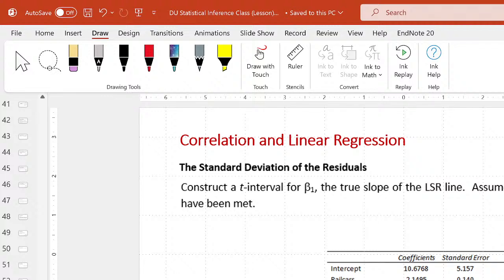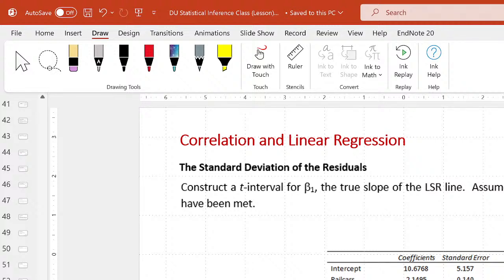It's the standard error of the residuals times the square root of 1 over 10 plus, now that's going to be 40 right there, 40 minus the mean, squared, over that number right there. That is a confidence interval for a mean response.